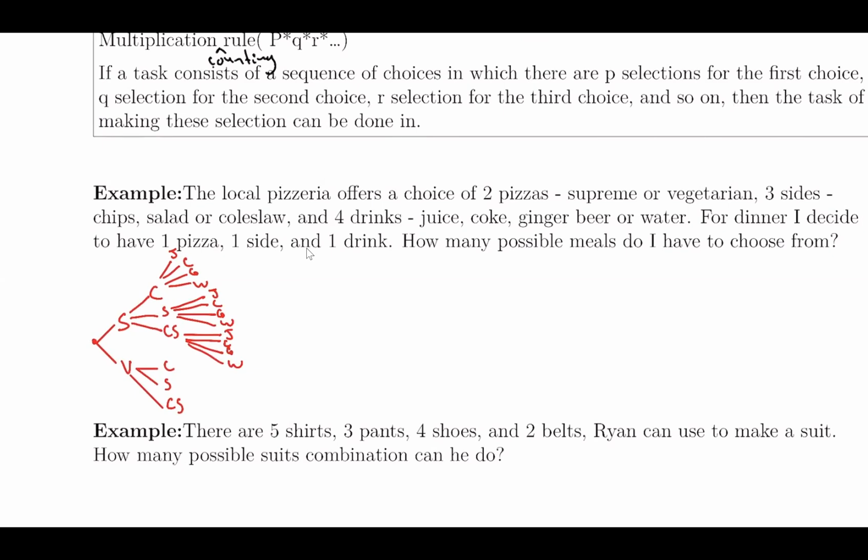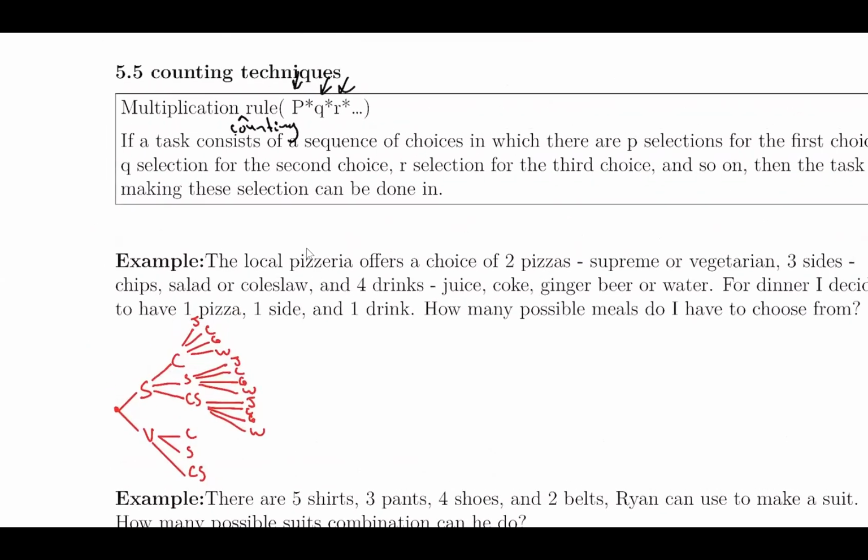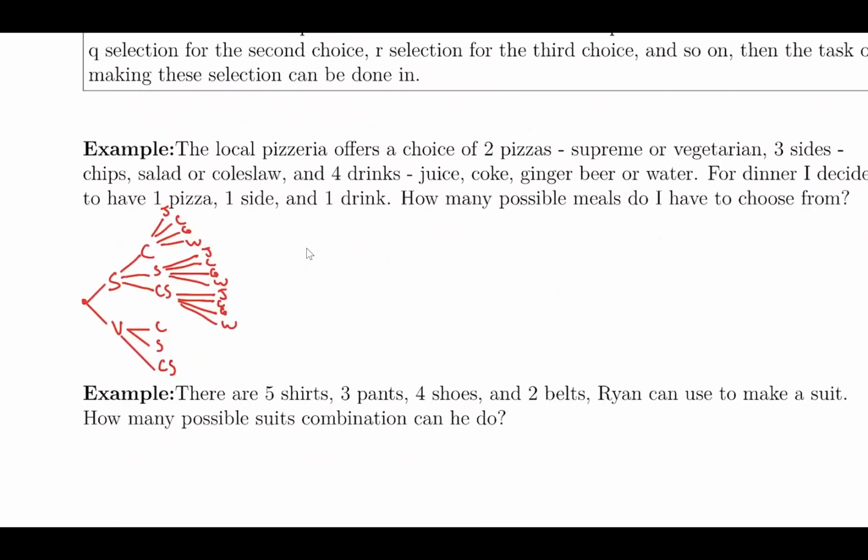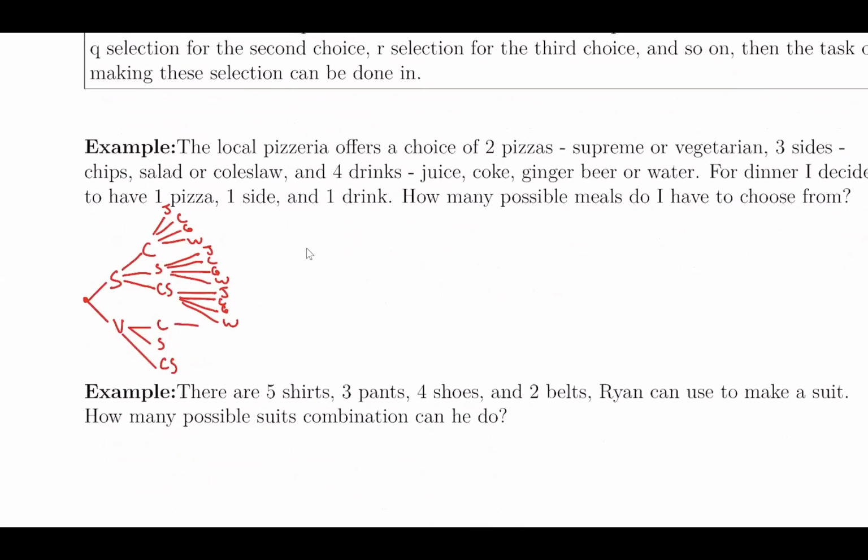But what about if I choose a vegetarian pizza? If I choose a vegetarian pizza, at the end, I also have to select a certain type of drink. So we also have those 4 options right here: juice, Coke, ginger beer, and water.